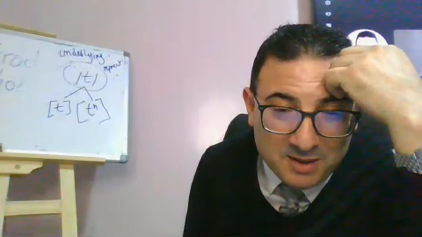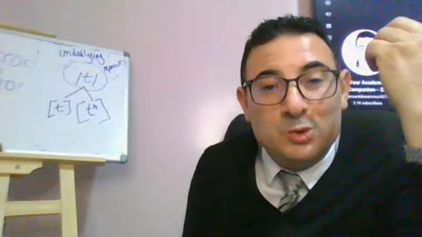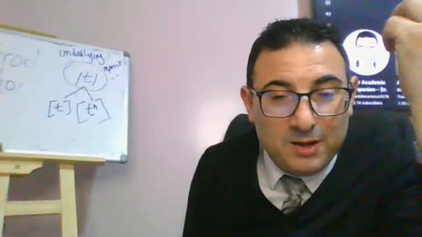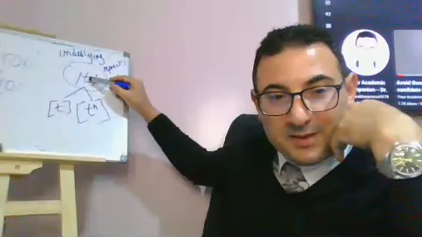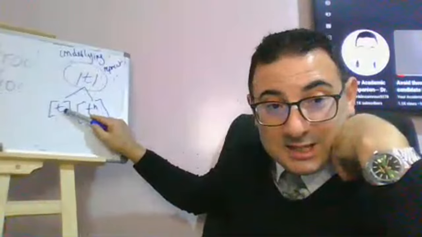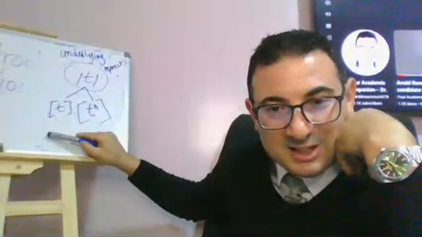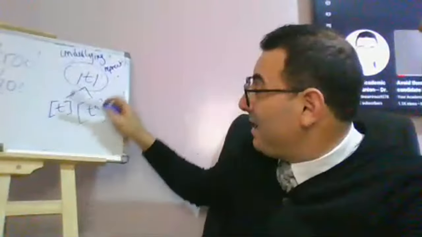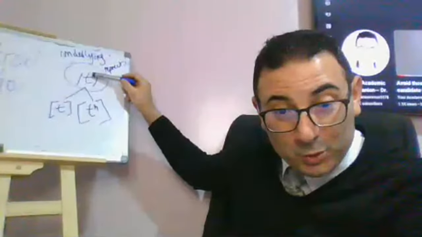How can we predict them? I am able to tell, for example, that this phoneme is realized like this in this context. That is to say, word finally, and this phoneme, this is the rule.